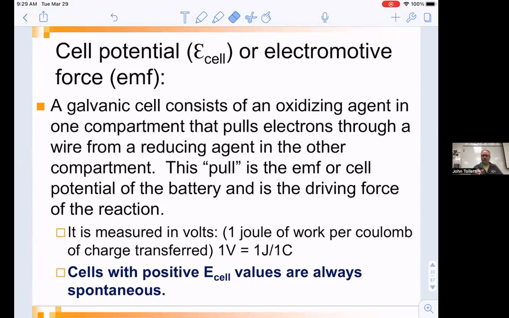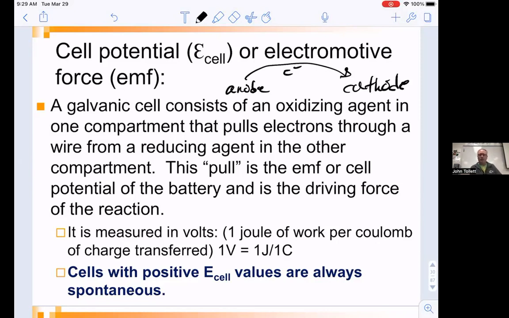There would be an electromotive force, a flow of electrons from the anode over to the cathode, and that electromotive force can be used to power some device. It is the driving force of that reaction, the pull of those electrons moving from the anode to the cathode. So it's measured, like I said, in volts.